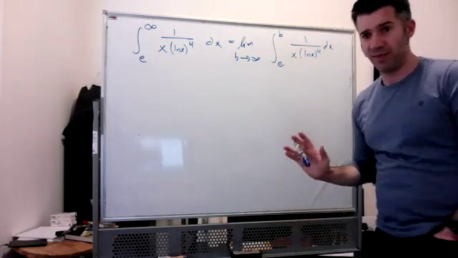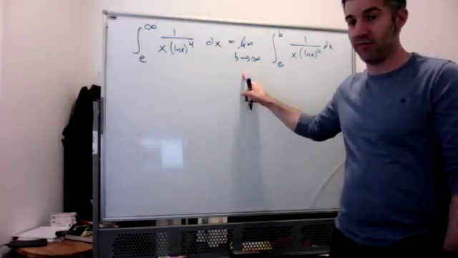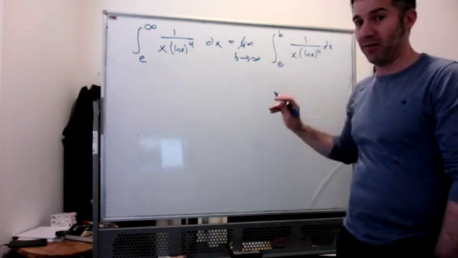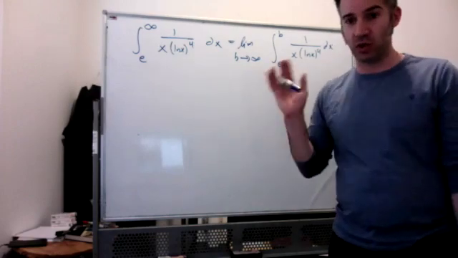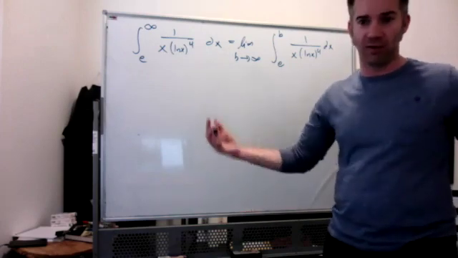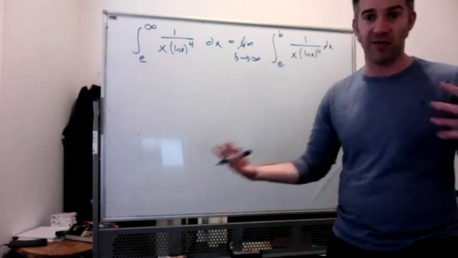Okay, but here's the deal. I don't want to be writing this limit 5 or 6 times as I do this integral. So what I recommend, unless the integral is super straightforward, like the first ones we did, the integral of 1 over x we know is natural log of the absolute value of x, the integral of 1 over x squared we know is negative 1 over x.